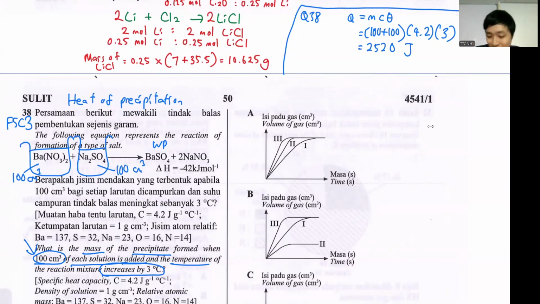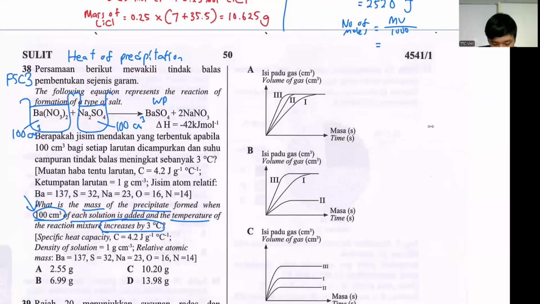Then you find the number of moles, which is MV over 1000. What do they ask to find? Oh, they didn't ask for delta H. Interestingly, they asked for the mass of precipitate.